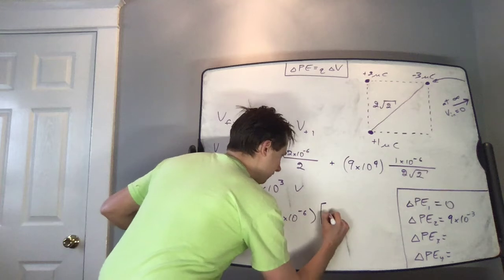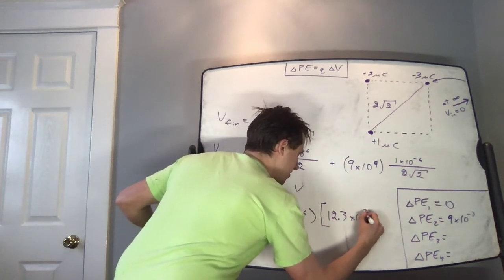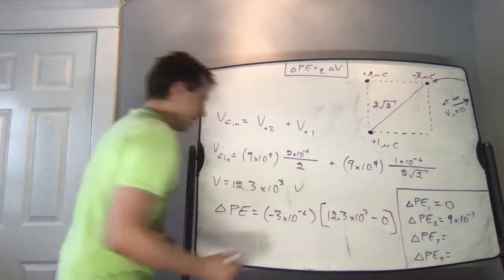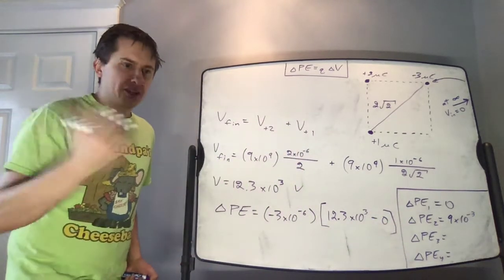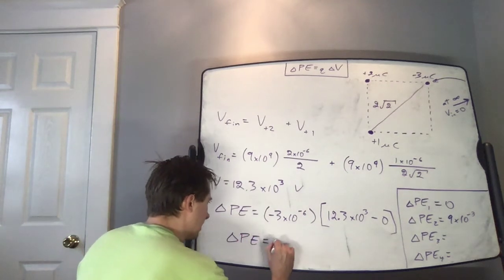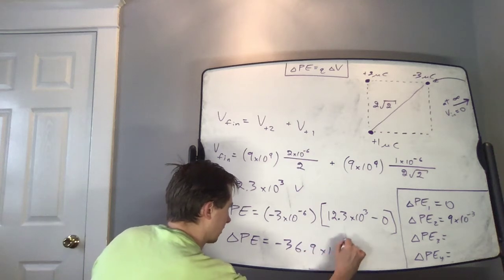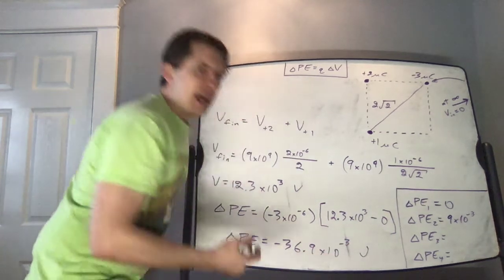So I will have 12.3 times 10 to the 3 minus 0. And when I put these numbers in a calculator, I get the change in potential energy is going to be negative 36.9 times 10 to the negative 3 joules.